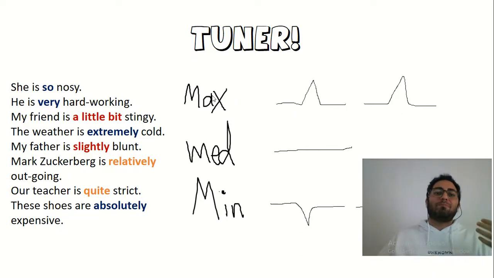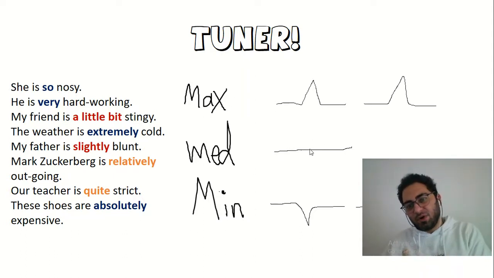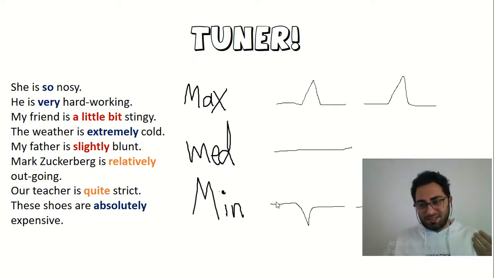For maximum or high intensity, I'm going to use this one. For medium intensity, I want to go with this one. And for the minimum intensity modifiers, I'm going to go with this one. So let's get started. The first one is maximum or high intensity. She is so nosy, right? It makes sense now, right? She is so nosy.